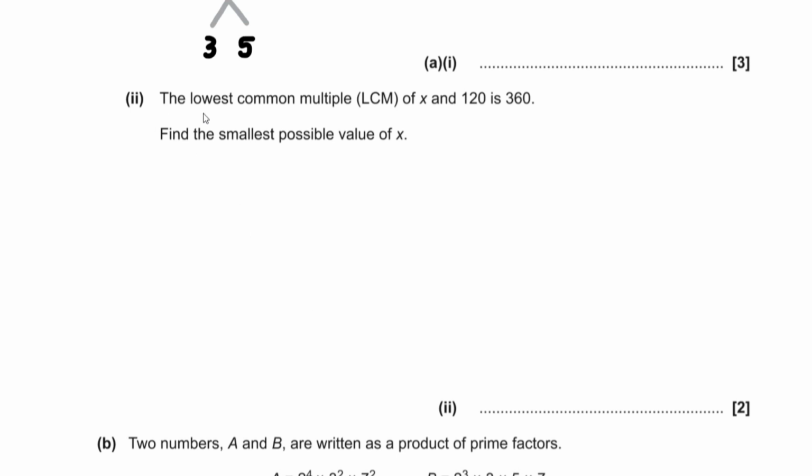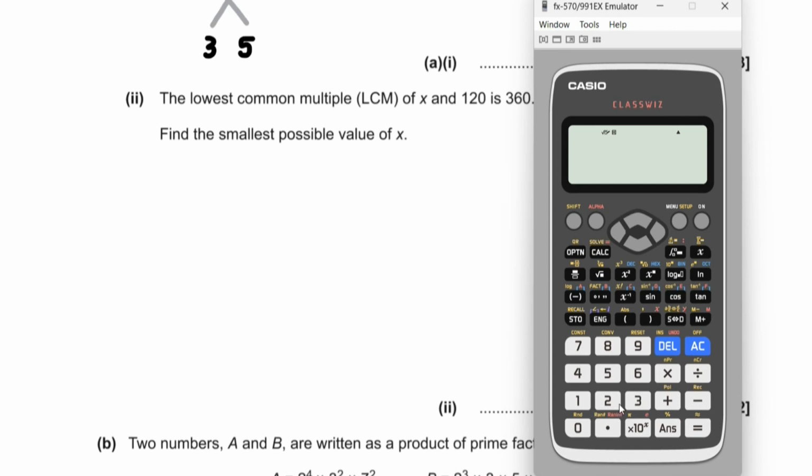The second part of part A, the lowest common multiple of x and 120 is 360. We have to find the smallest possible value of x. So, let's find out what 360 is as a product of its prime factors.